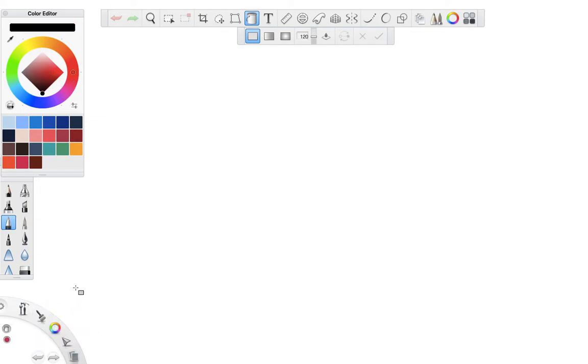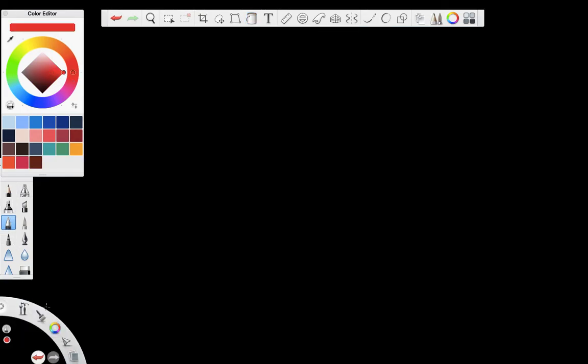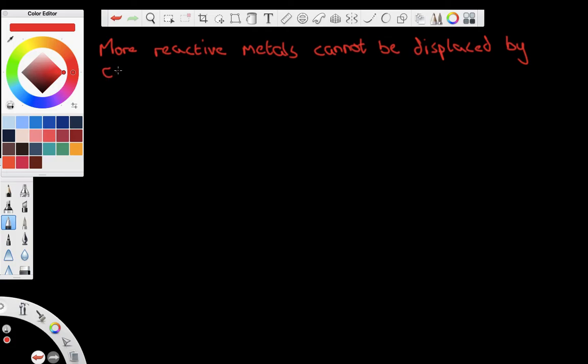We can say that more reactive metals cannot be displaced by carbon, instead electrolysis is used.